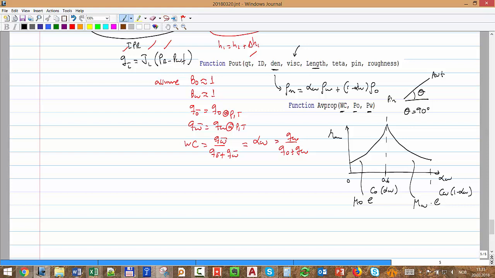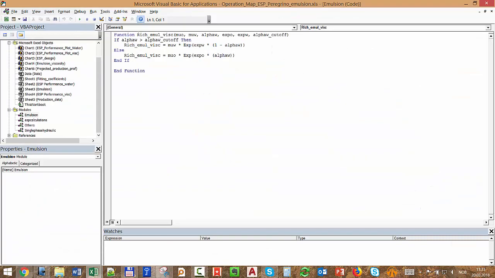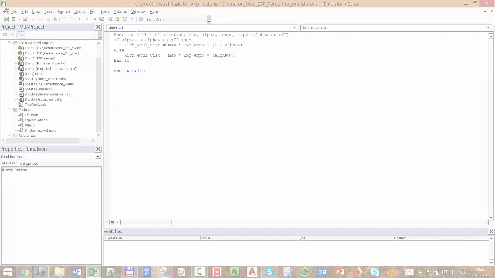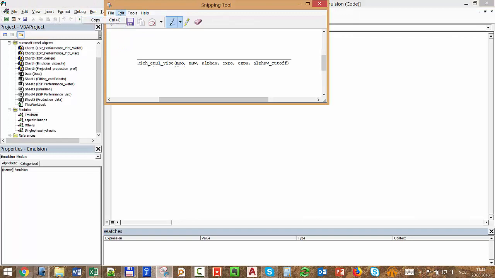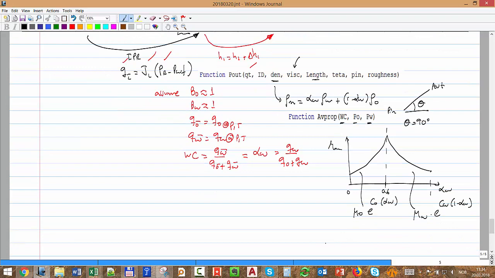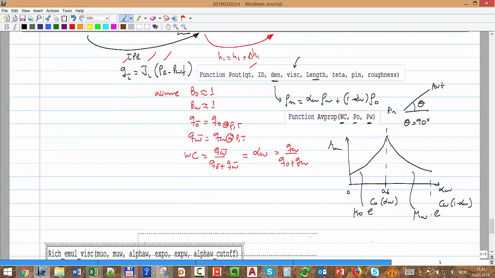Inside that function there is an if: if I'm above the cutoff, I have to use one expression, and if I'm below the cutoff, I have to use another expression. Clear? So that's the expression I'm going to use for viscosity.